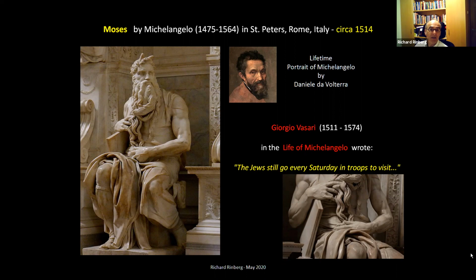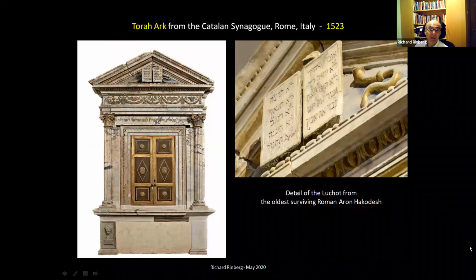They really felt it represented Moses, the strength of this statue, the beauty of this statue, the lifelike way. I mean, you look at the muscles and the skin and everything about it. Michelangelo was remarkable, and the Jewish community didn't seem to have a problem. They went in troops to look at it on a Shabbat afternoon.